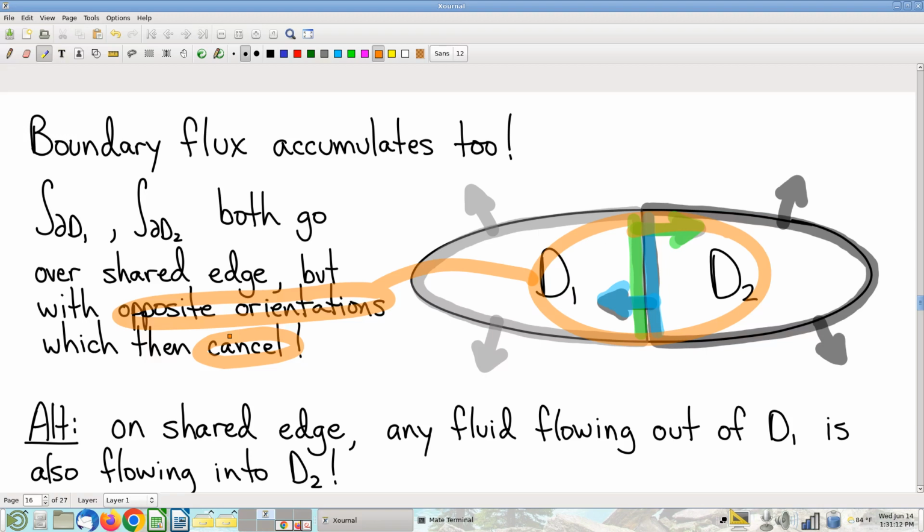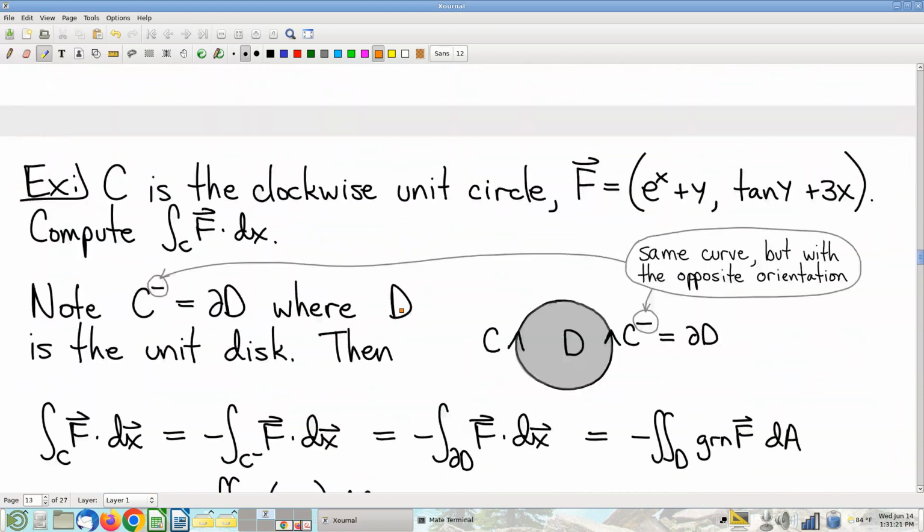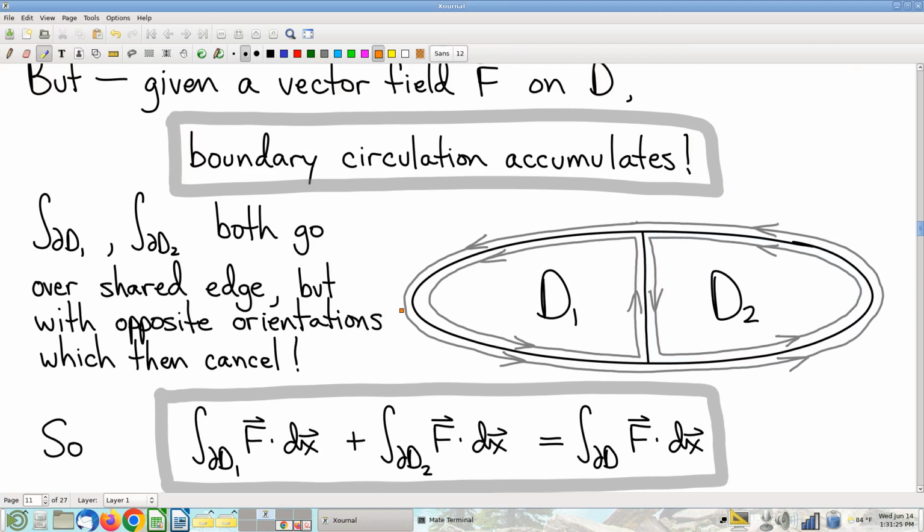And by the way, notice how very, very similar, and I laid it out on the page here on purpose to look just like the analogous argument that we made several pages back here, right? This edge appears twice with opposite orientations and then cancels. Right? Because it really is very, very similar.